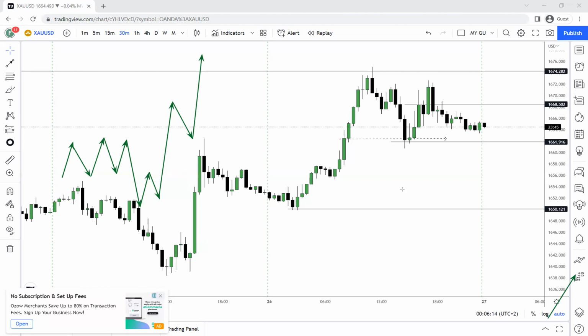Market is in a high, Asian range sets the tone, the range right here, right? We have market breaking out. After the breakout, what does market do? It comes back, it rejects, it retests the rejection, all right? Because people are going to buy more when market comes back. They're going to keep on buying because they think price will keep going higher. However, price is already rejecting.